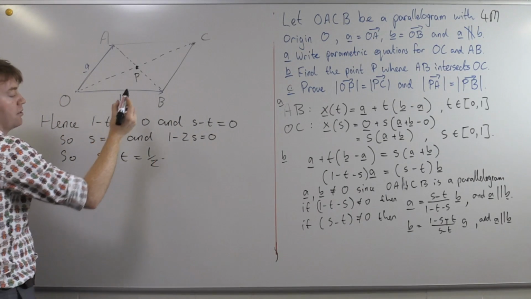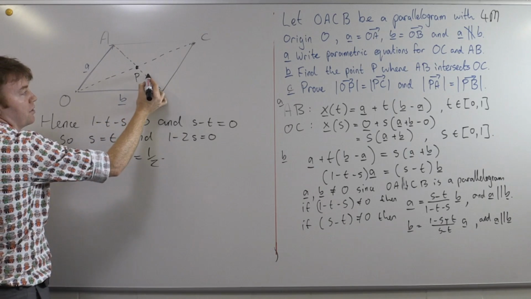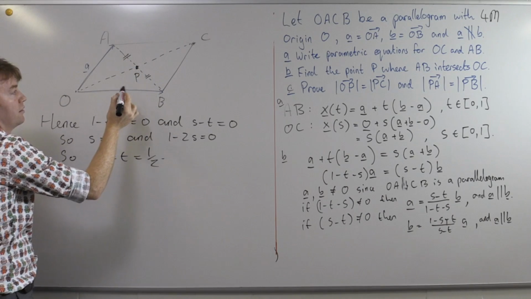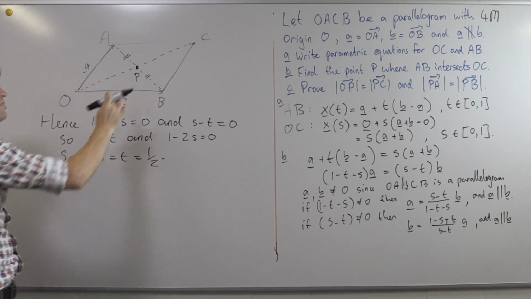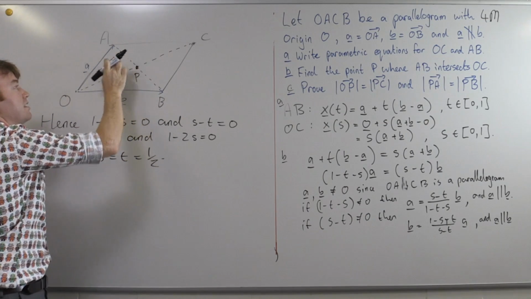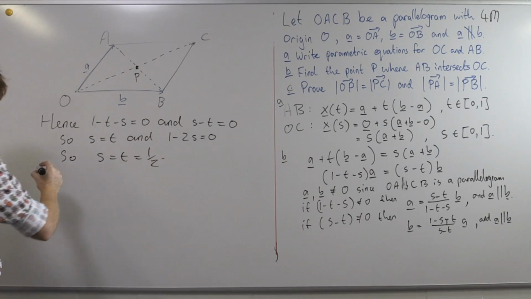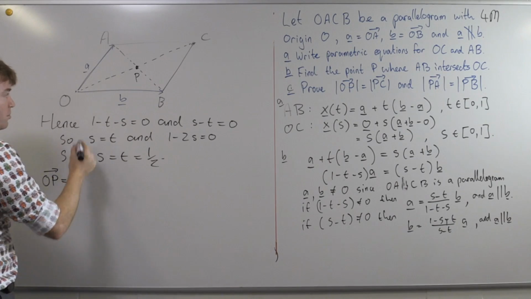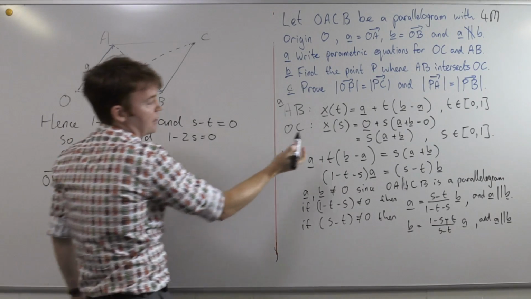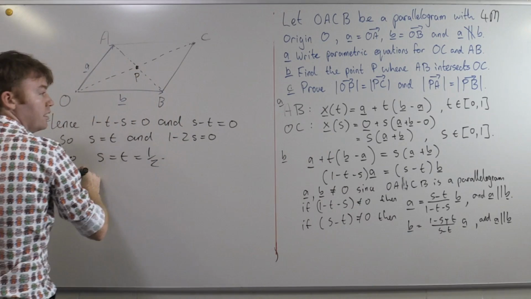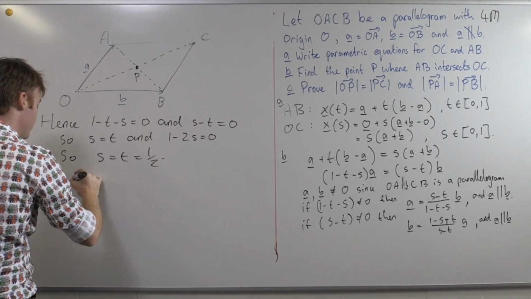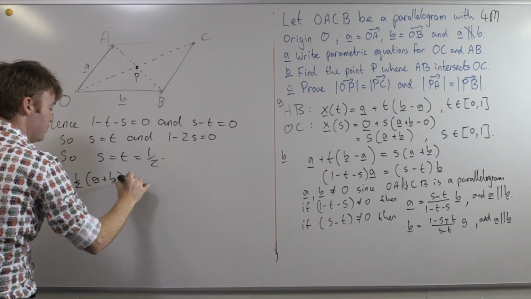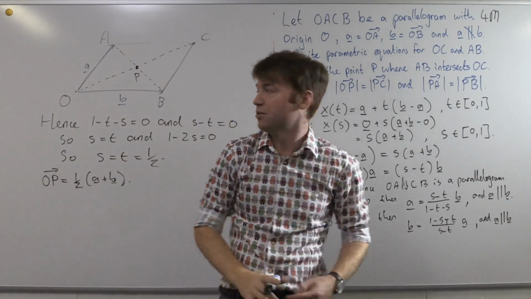Good. That tells us, first of all, that that length there is equal to that length there. Well, actually, that's part C. Let's leave that for part C. In the meantime, we know that the vector OP is just equal to, let's plug half into this equation, 1/2 times A plus B. Which is kind of what you might expect.